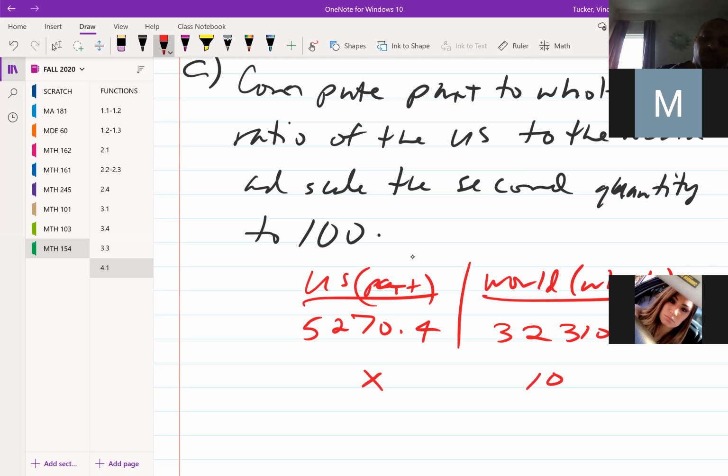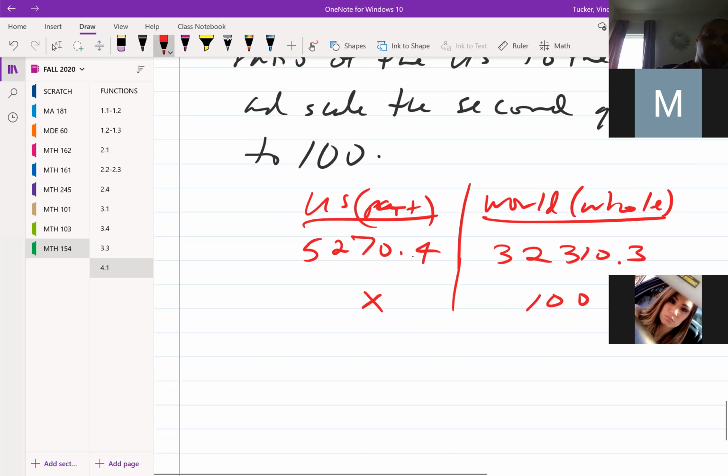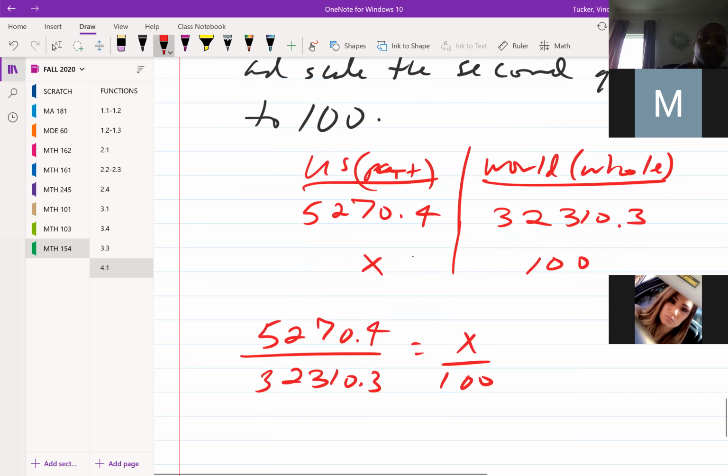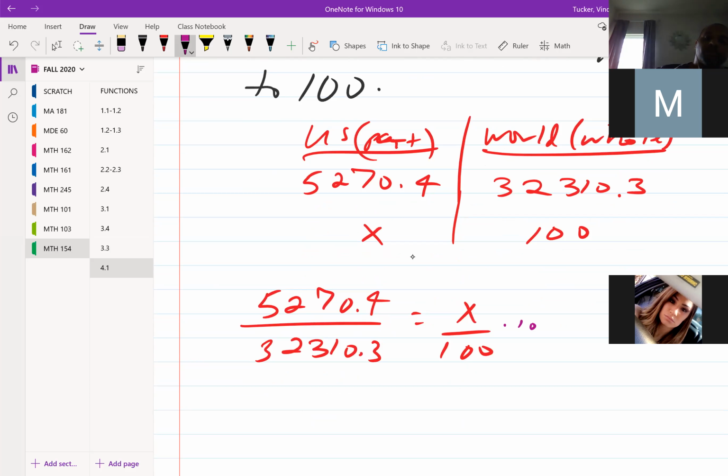Says second quantity to 100. So multiply by 100. X is equal to 16.3.